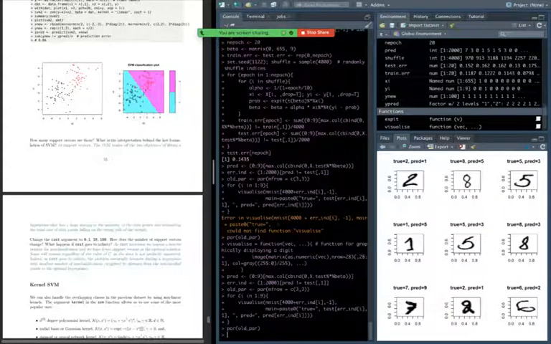I guess in that situation, you could turn the line until it also intersects with one of the other points, and then you'd have more support vectors. Yeah, not exactly intersecting, but certainly taking that into account.